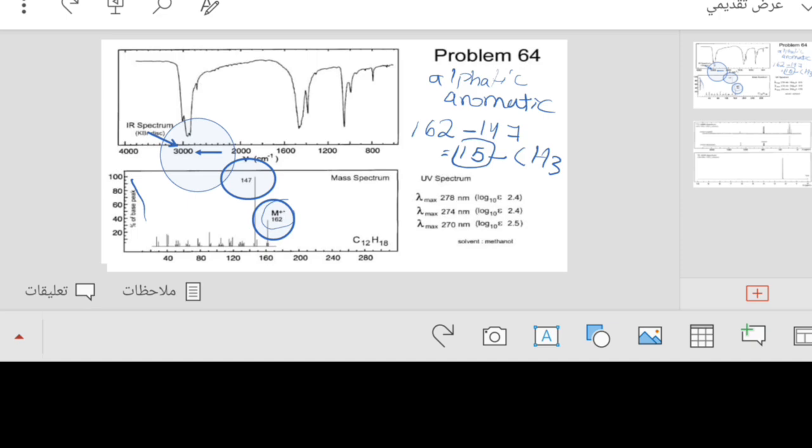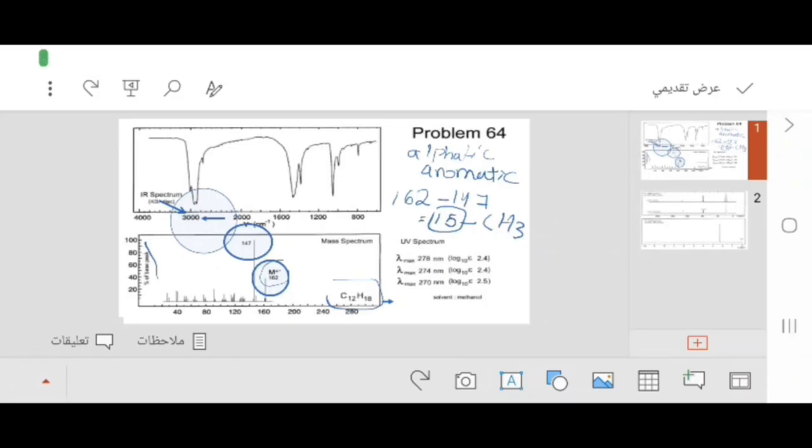Okay? Now, we'll start calculating the index of this compound. The rule for the index is (2n + 2 - x) divided by 2, where n indicates how many carbons we have. So, I will solve it here, which is 12 multiplied by 2 plus 2, divided by 2, which gives us a 4.